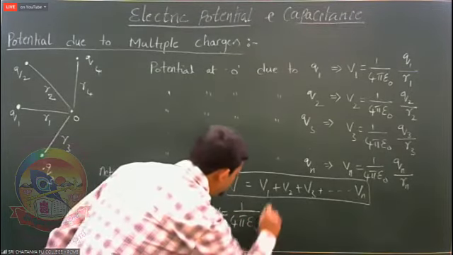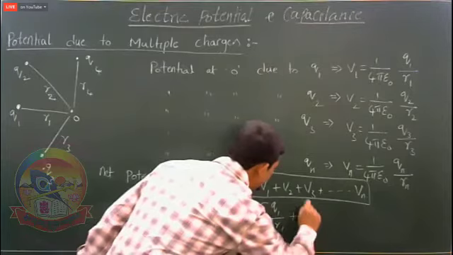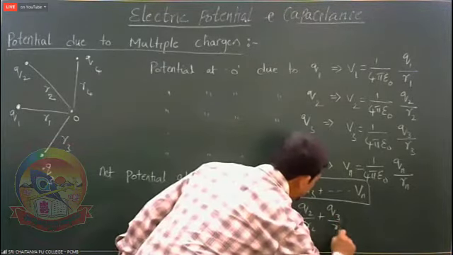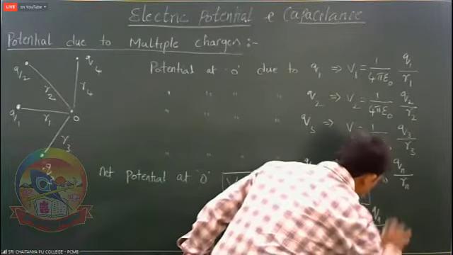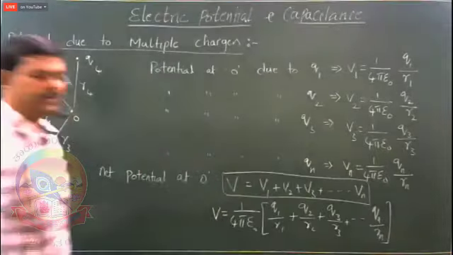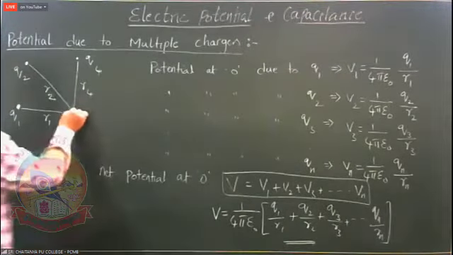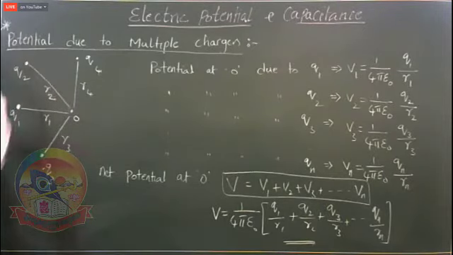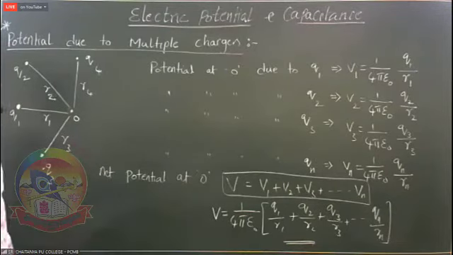Then write Q1 by R1 plus Q2 by R2 plus Q3 by R3 and so on up to Qn by Rn. That's it. This is the net potential at this point. From the PU point of view, this is an important question.